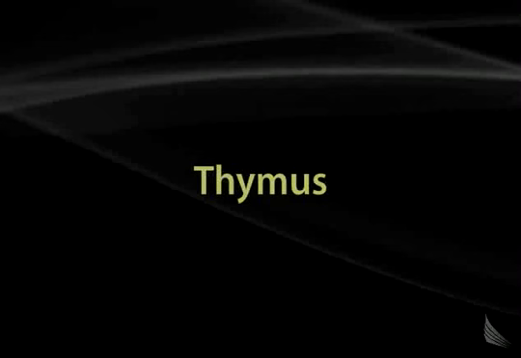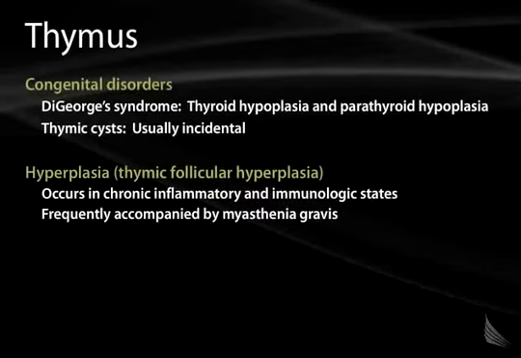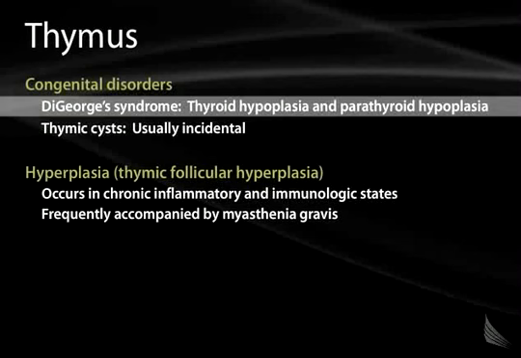The last organ to consider in a discussion of the lymphoid system is the thymus, where a lot of the lymphoid tissue has its maturation. So disorders of the thymus that you could be tested on include DiGeorge's syndrome, which is thymic hypoplasia and parathyroid hypoplasia as a result of agenesis or disordered genesis of pharyngeal pouches 3 and 4.